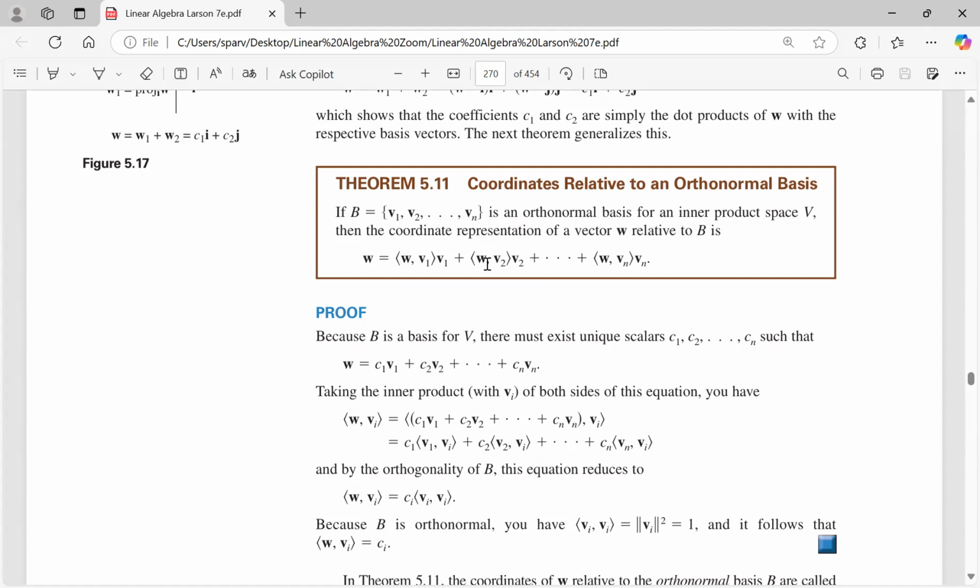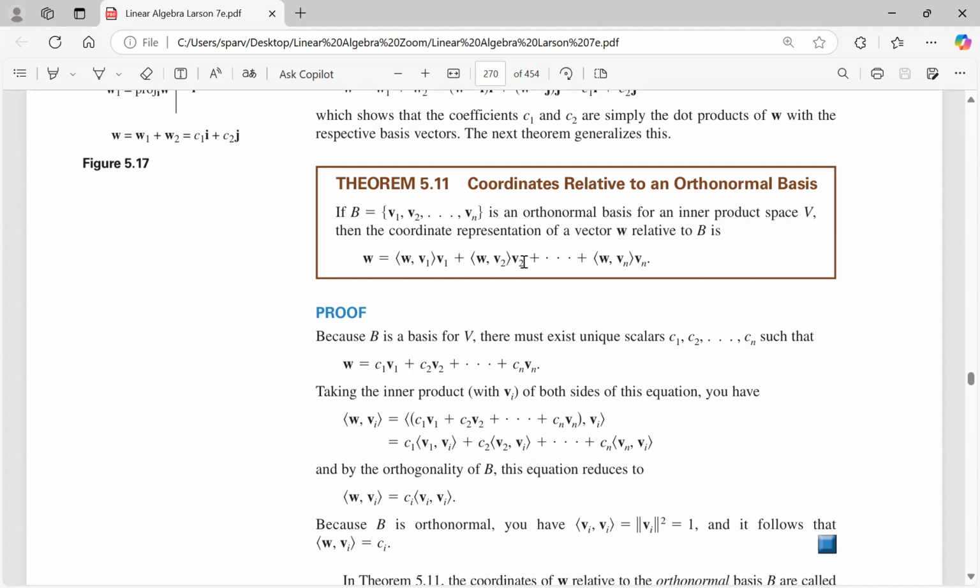So you do the inner product of W and V1 times V1. Remember the first part here, that inner product, you can think of it as a dot product. So this part would be a dot product of W dotted with V1, which will give you a scalar multiplied by V1. So you have a scalar multiple of V1.